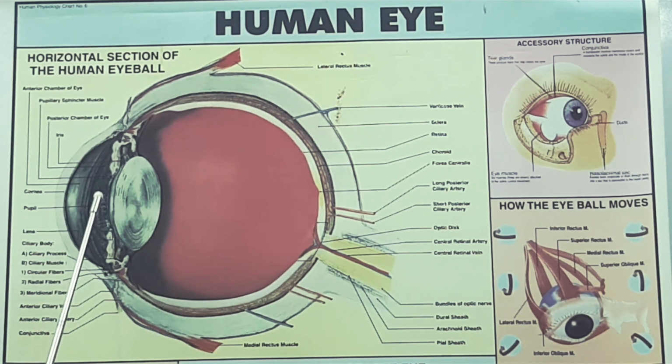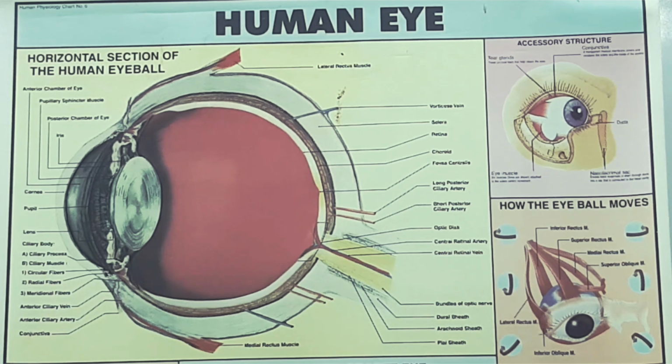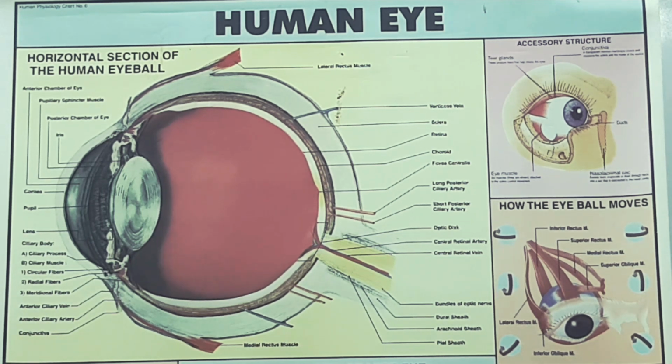First is the pupil and second is the iris. The iris is the colored part, and the pupil is transparent in nature. The cornea is transparent but appears as a colored structure. It has curvature so that light can refract when it comes inside the eye.